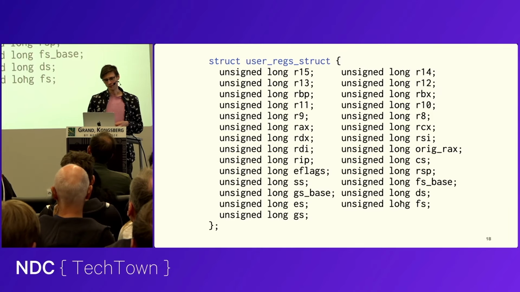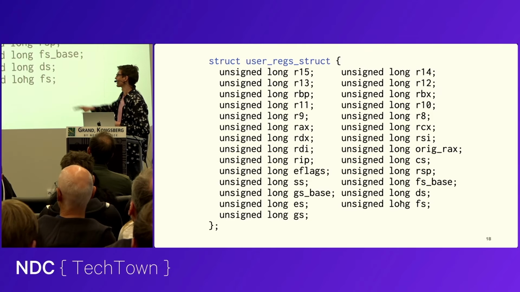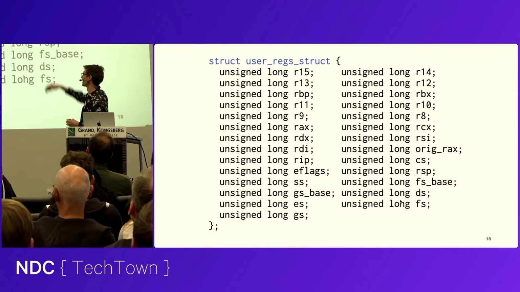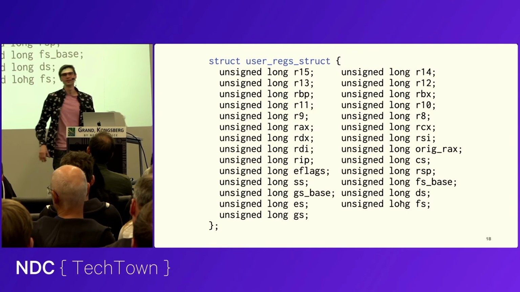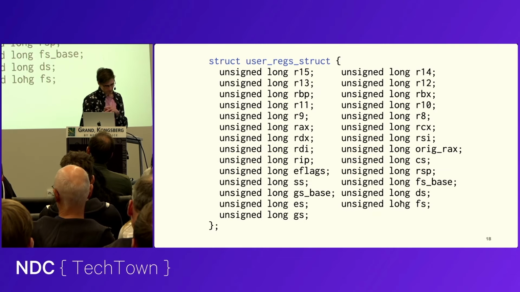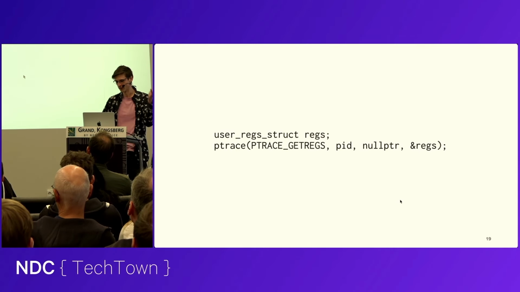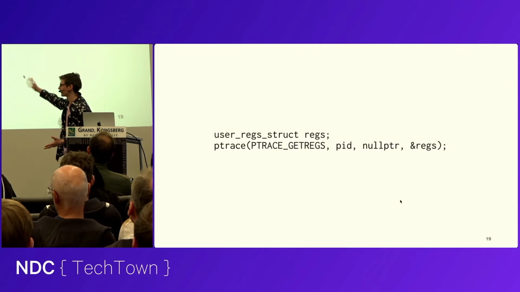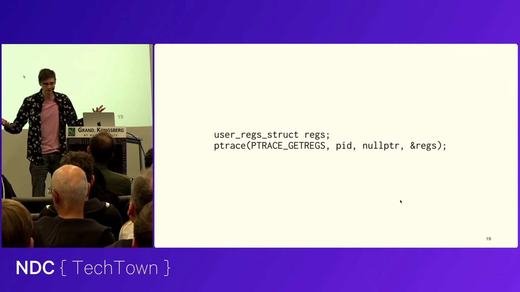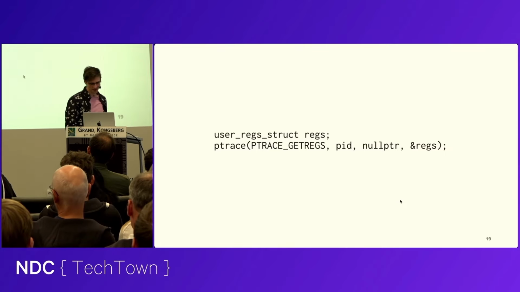We might want to get all of these registers. This is something which Linux defines as part of ptrace, just a massive table of all of the registers in your system. And if we construct one of these and we give it to ptrace, hey, we get our registers. This is all just handled by the operating system for us. Maybe a bit simpler than you expected.